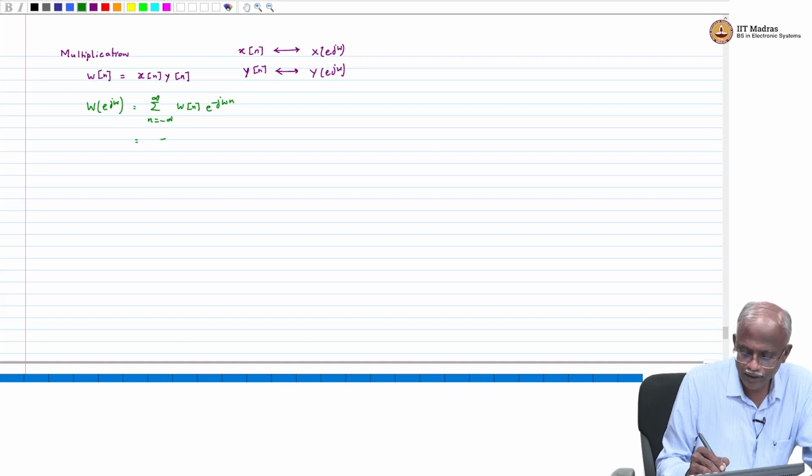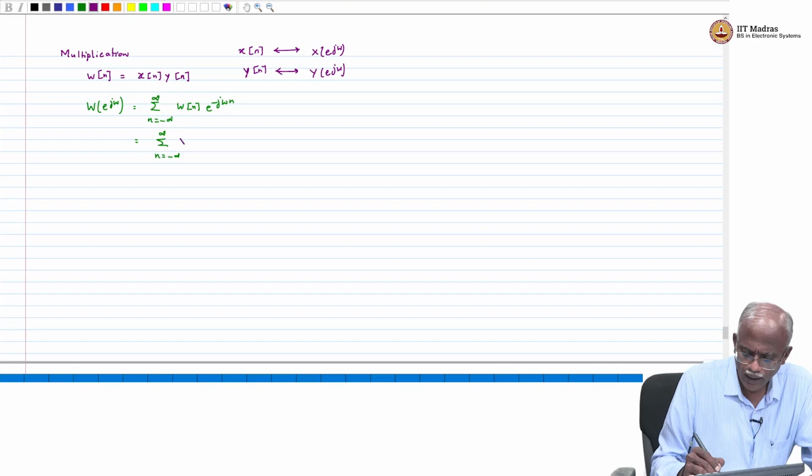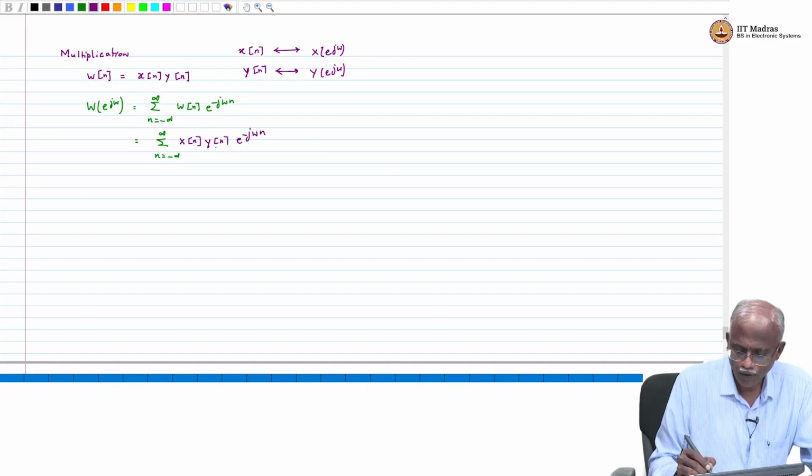Now, this can be written as summation n equal to minus infinity to infinity x of n y of n e power minus j omega n. Now, I am going to relate y of n to Y e of j omega. So, this is going to be equal to summation n equal to minus infinity to infinity.